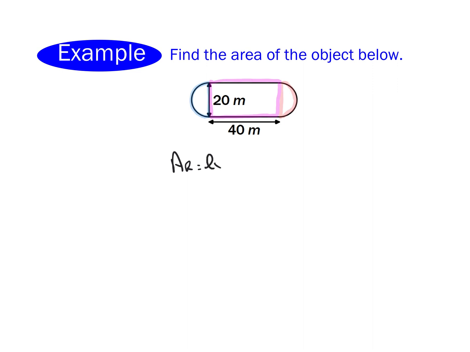Length times width. What's the length? 40. Great. And the width? 20. 40 times 20 gives us 800 meters squared. That's the area of the rectangle.